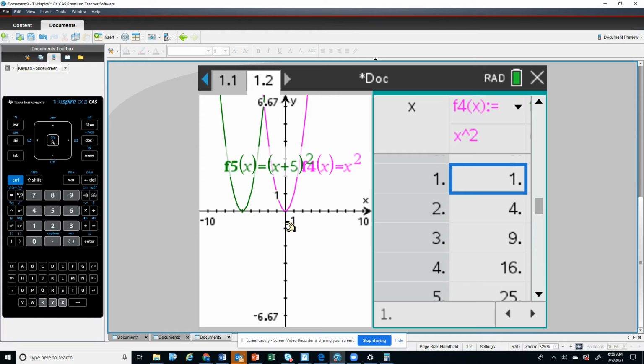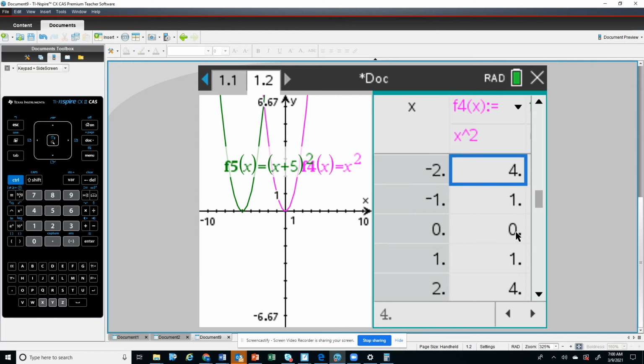And you can tell that the x-intercept for the parent graph is 0. So if I look on the y column for 0, I should have 0 on the x value. So let's find 0 in this graph right here. Look at that. When y is 0, x is 0, and that's it right here.